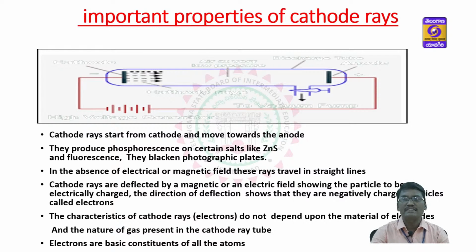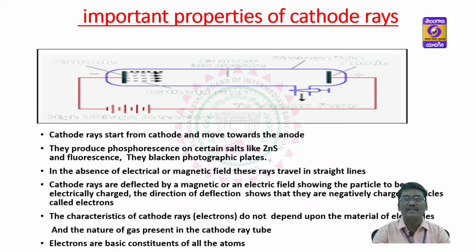They produce phosphorescence on certain salts like zinc sulfide, and also fluorescence. They blacken photographic plates. In the absence of electrical and magnetic fields, these rays travel in straight lines.